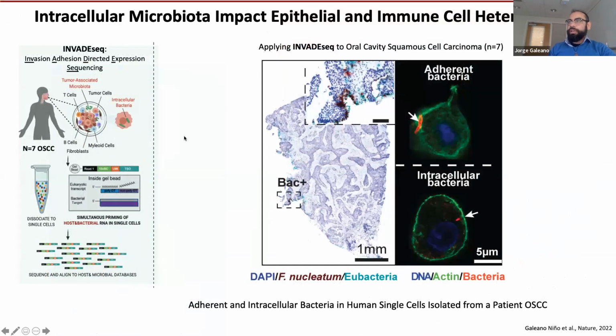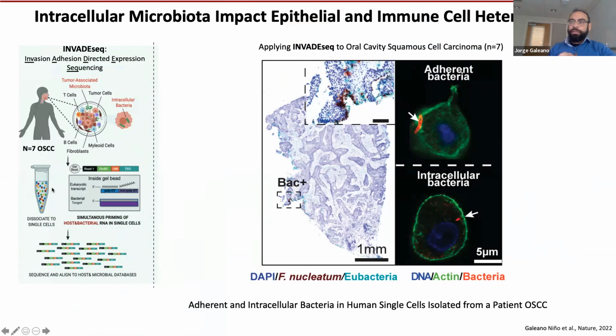Then we have also developed a new technique called INVASEseq, where we use traditional single-cell RNA-seq techniques, and we add a primer that can amplify bacterial reads in every bead that is processed after tumor processing.